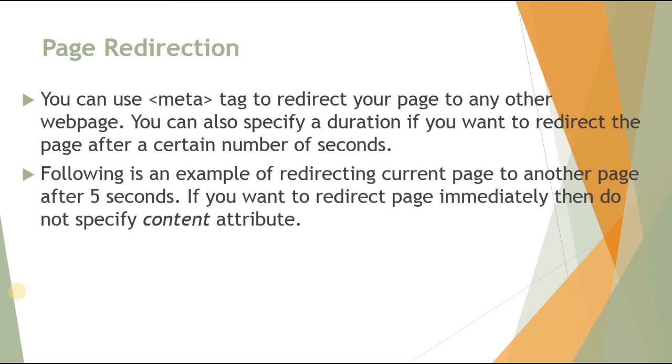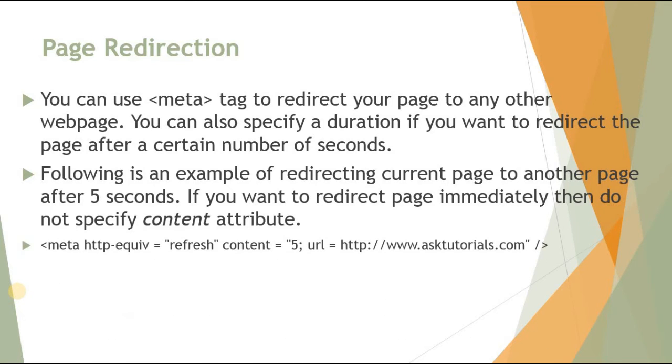If you want to redirect the page immediately, then do not specify the content attribute. And this is an example for redirecting the page. Here we wrote meta http-equiv equal to refresh and content is equal to 5 and the URL is given there. So it will redirect your page after 5 seconds.